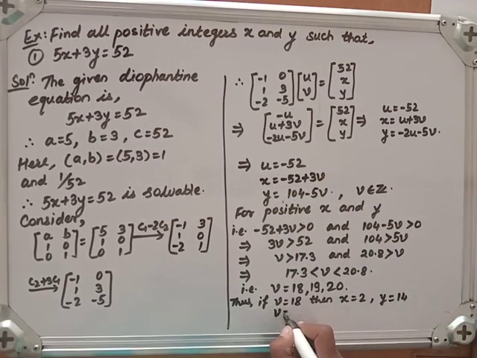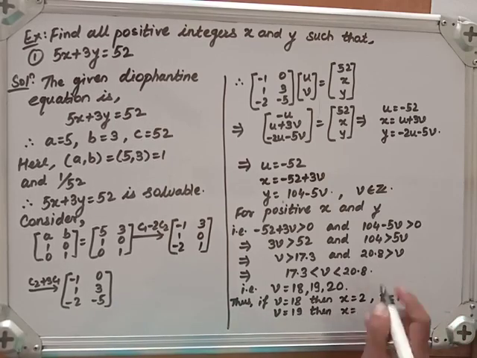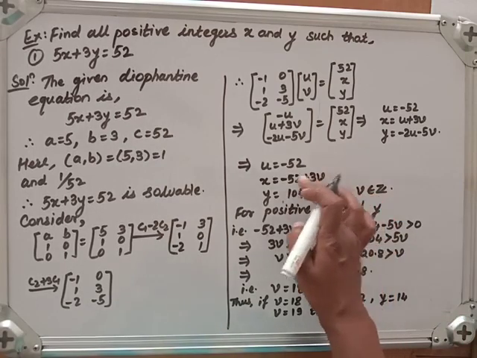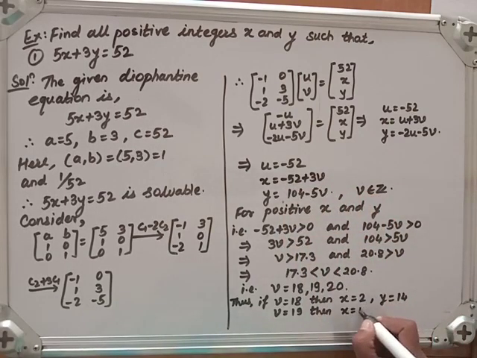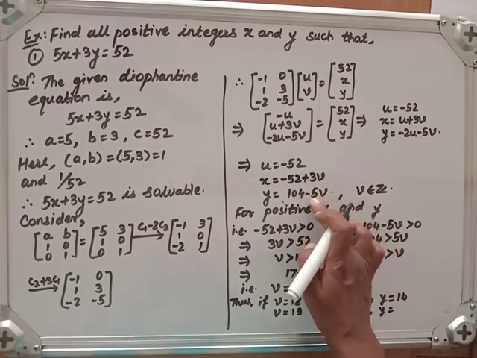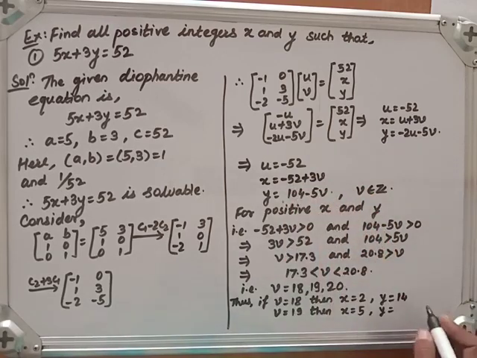Similarly, v equal to 19, then x is 57 minus 52, so it is 5, and y is 104 minus 95, so it is 9.